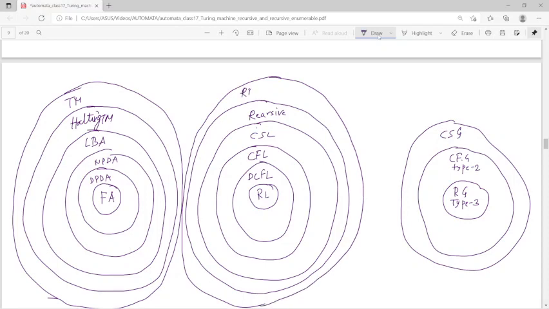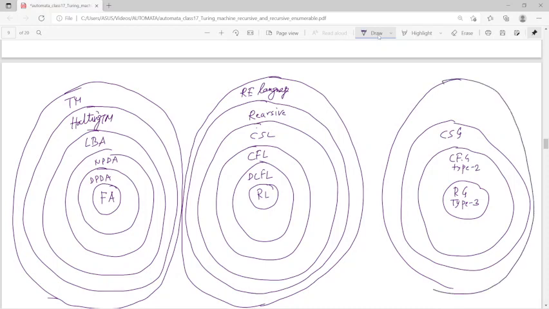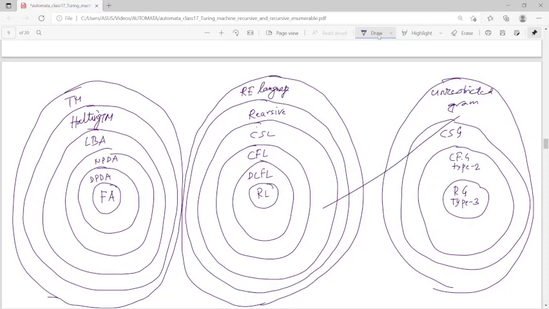This is called recursively enumerable language, and this is nothing but called unrestricted grammar. This is called unrestricted grammar.